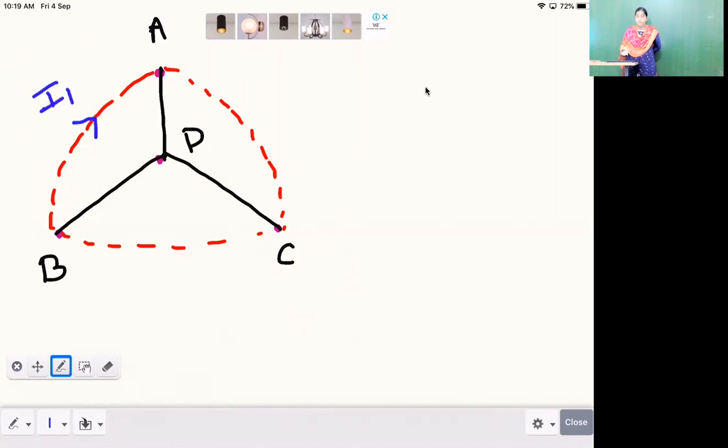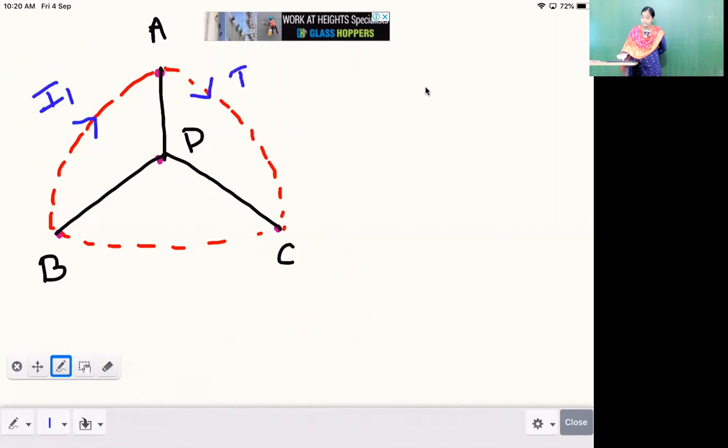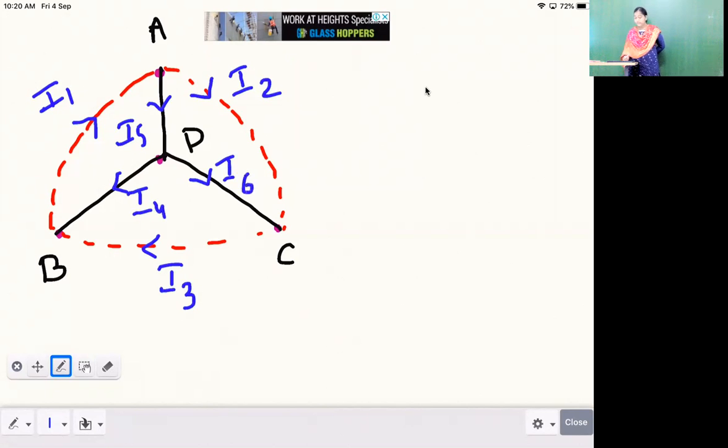Then this current we have taken as the second branch, I2. This was my fifth branch, I5. Then this was my third branch, I3. Then this was my fourth branch, I4, and this was my sixth branch, I6. Right? So these are my branch currents. Now I hope it is clear to everyone till here.